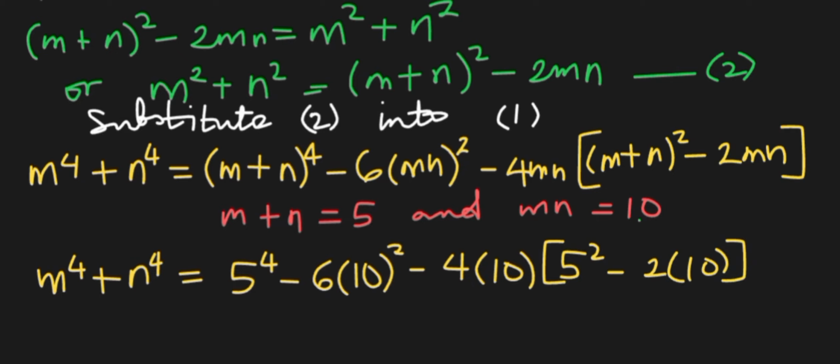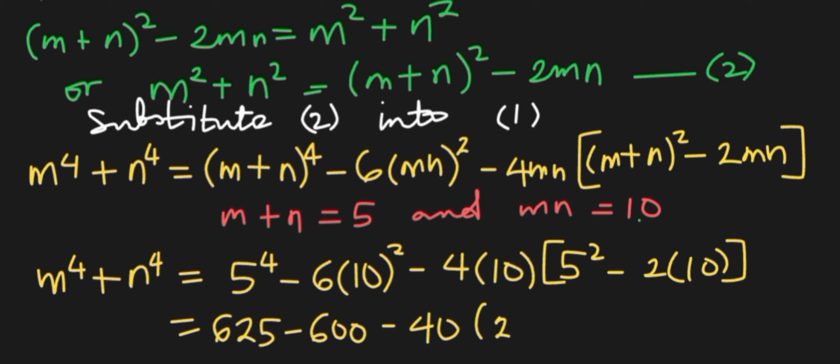That is, everywhere m plus n is, we have put 5, and everywhere mn is, we have plugged in 10. This becomes 625 minus 600. 10 squared is 100, and times 6, 600. Minus 40 for 4 times 10. Then in the rectangular brackets, we have 25 for 5 squared minus 20.